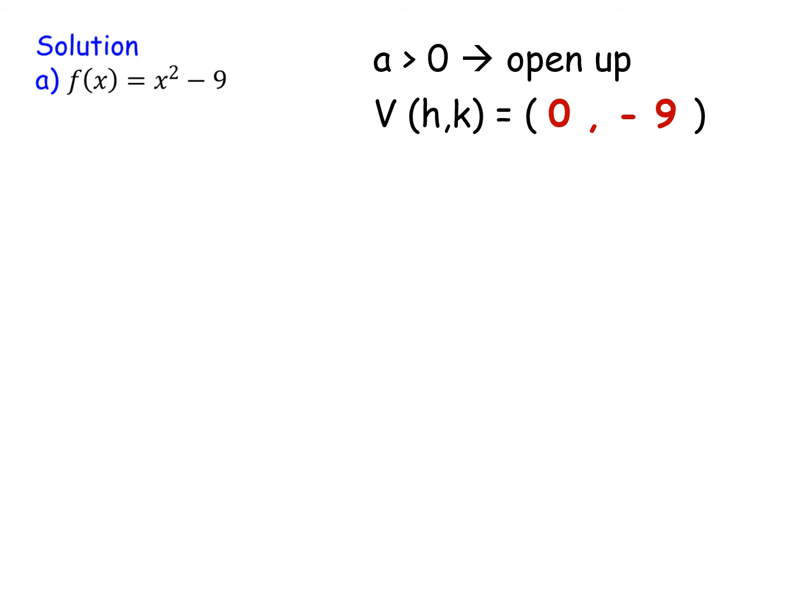The vertex is in the form of completed square, so we read from x squared minus 9 that h is 0 and k is negative 9. So we have a vertex at (0, negative 9). We draw a smiley curve with vertex at (0, negative 9), and the x-intercepts are 3 and negative 3.